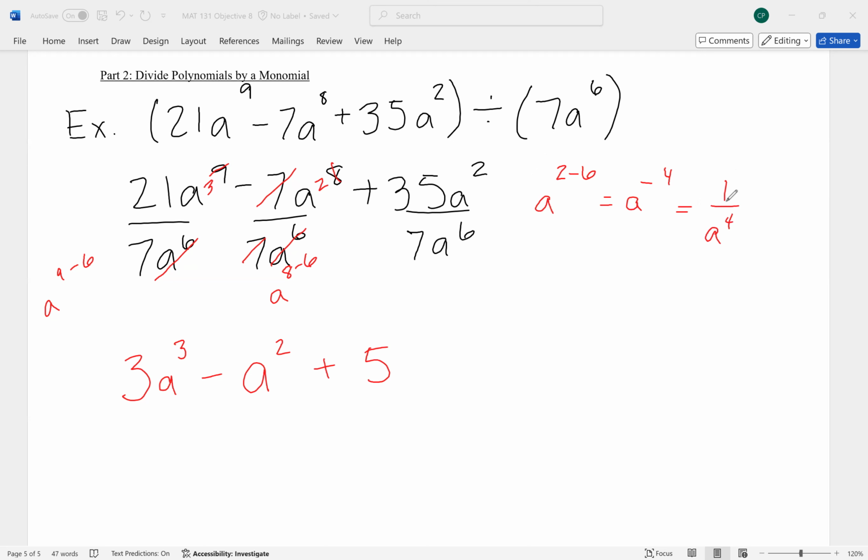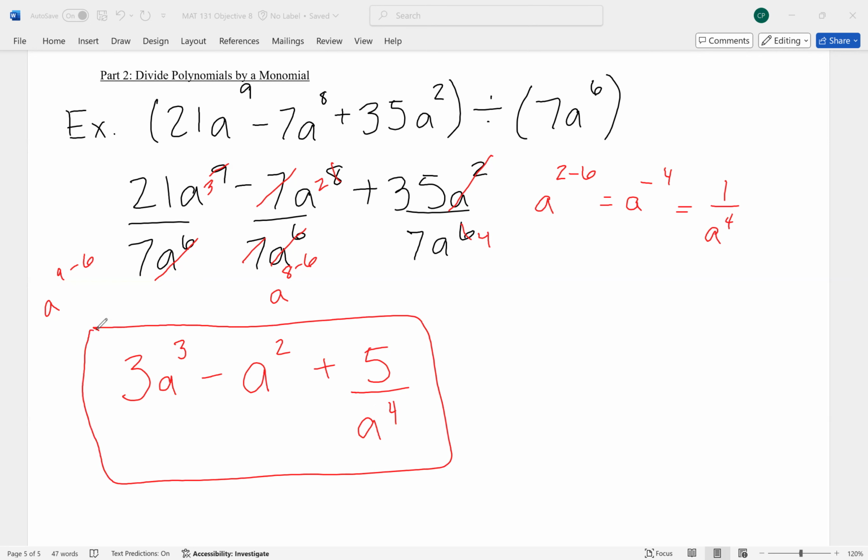Or you can think about it in a more logical way and say, if I get rid of 2 a's from the top and the bottom, I'm going to have 4 a's left in the bottom, okay? And so it'd be a to the 4th. So this will be our final answer, okay? So that is how we do objective 8. That is how we multiply and divide polynomials for math 131.